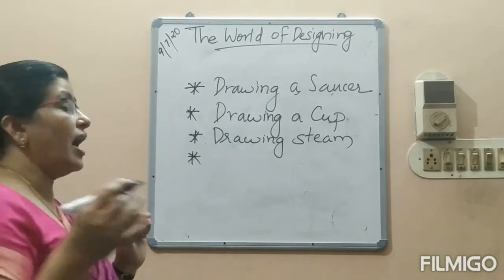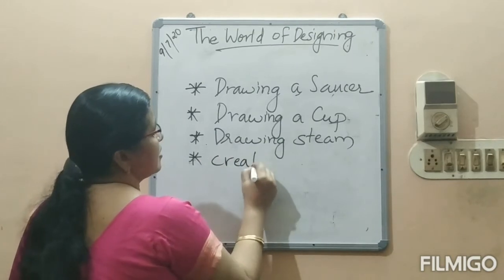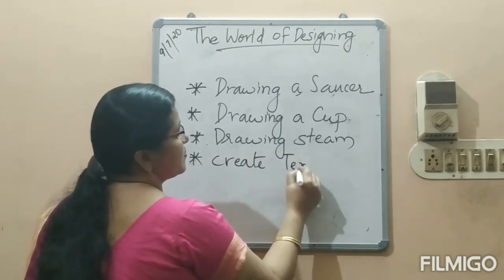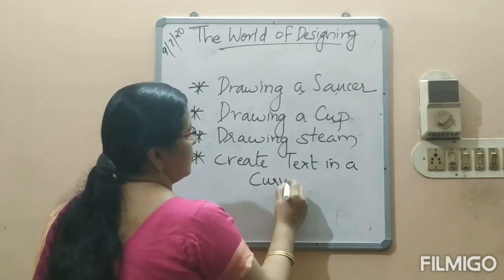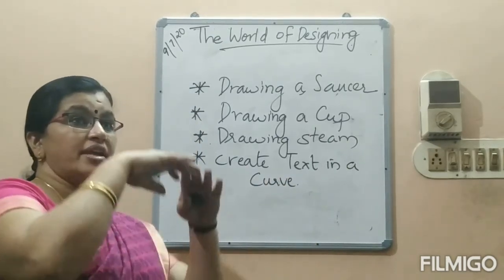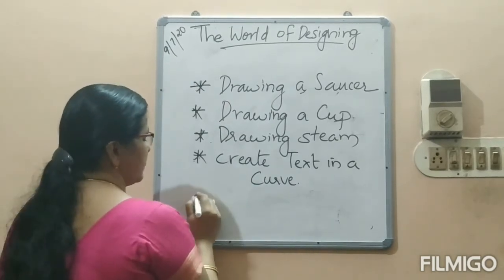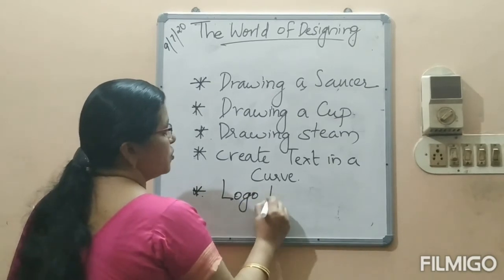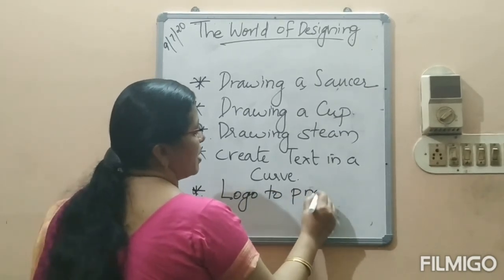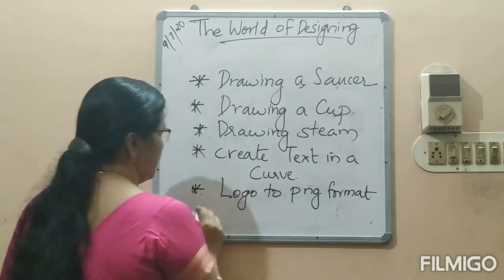Then we have to create text in a curve. You have to create the text in a curve shape. Then convert your logo to PNG format.